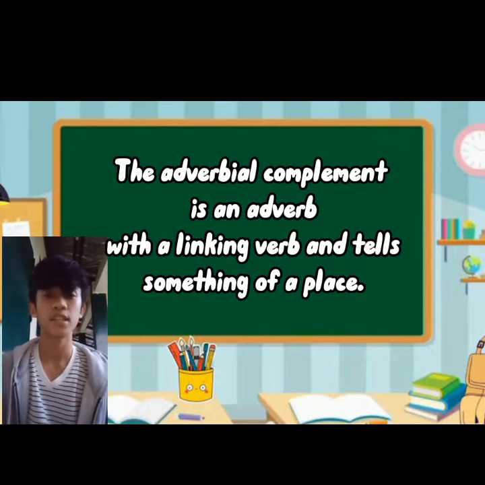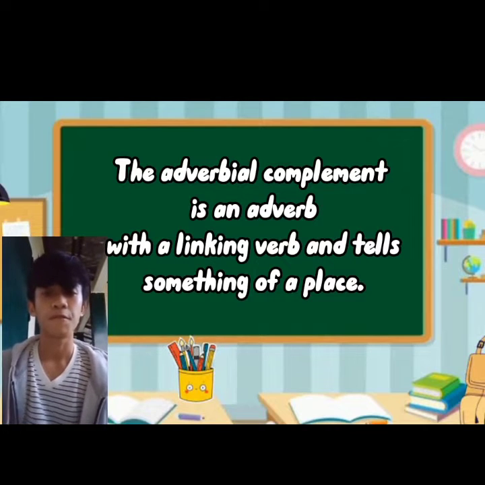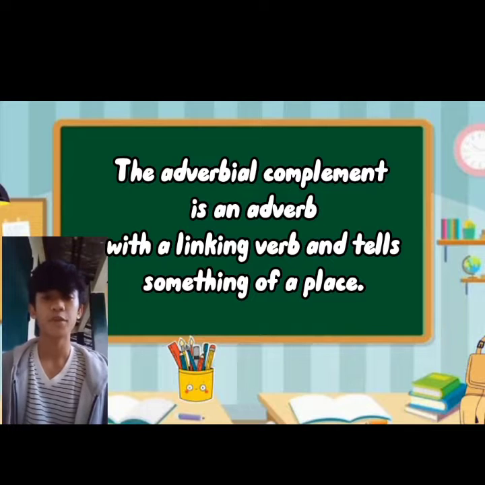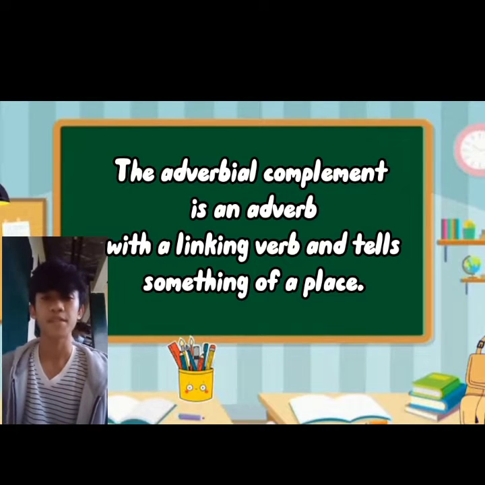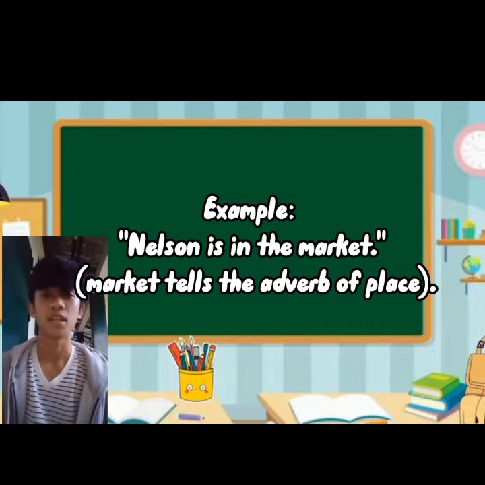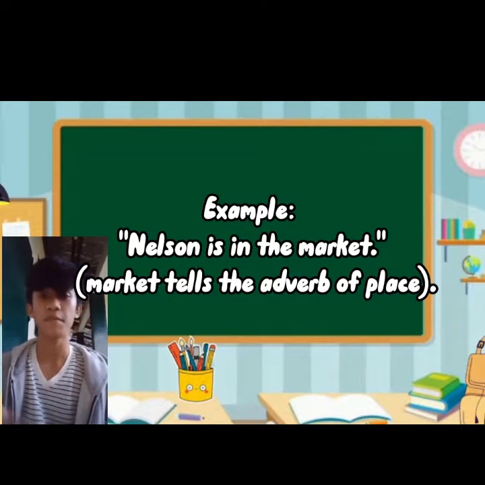The third example is the adverbial complement. An adverbial complement is an adverb with a linking verb and tells something of a place. Example: Nelson is in the market. So, in the market tells the adverb of place.